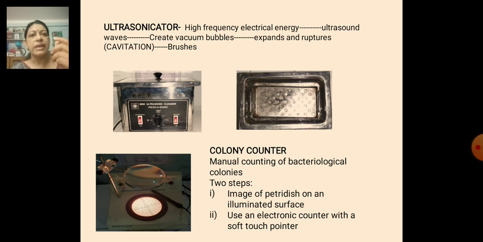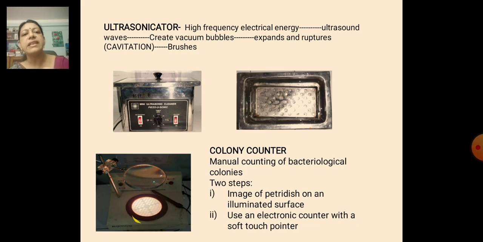So what we see is the colony of the bacteria. Now to know how much colony is growing, or what is the optimum amount of colony grown in that media, the best way of detecting it is the colony counter. Here it is an illuminated surface, and the magnifying glass is there.